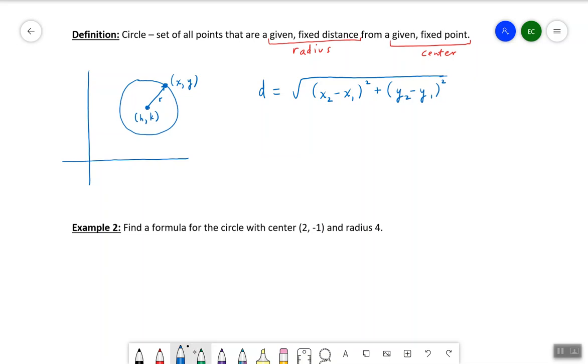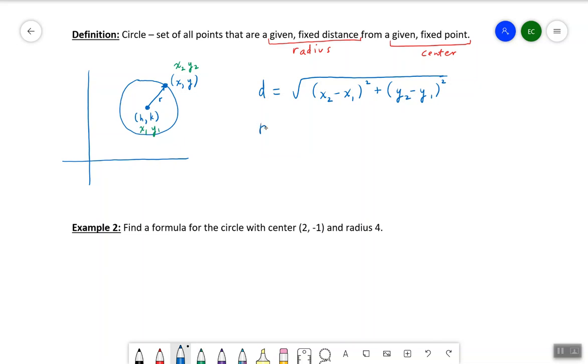We're going to treat x and y as the second point, so x and y are the same as x2, y2, and (h, k) is the first point, x1, y1. And the distance d is not d anymore. Now we're using r for radius.